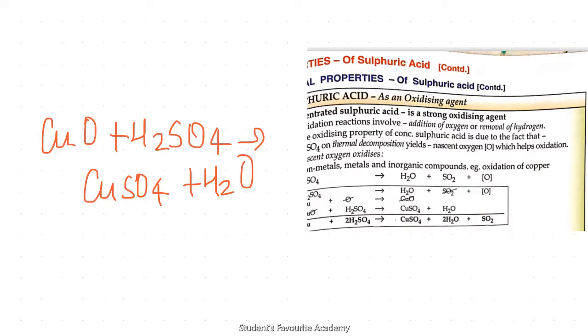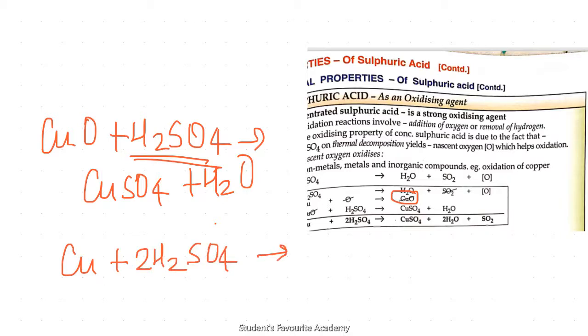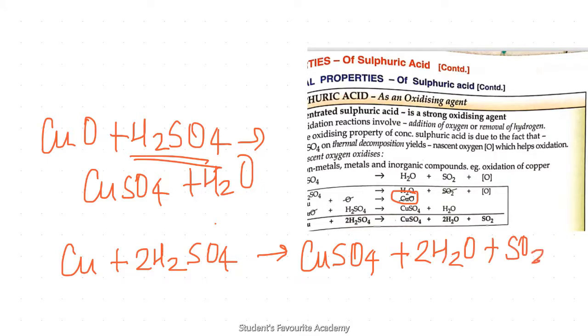First, the nascent oxygen reacts with Cu to form CuO, and then this CuO reacts with H2SO4 to form copper sulfate and water. The net reaction, adding both of them, is Cu plus 2H2SO4 giving CuSO4 plus 2H2O, that is copper sulfate plus 2 molecules of water, plus sulfur dioxide gas is liberated.